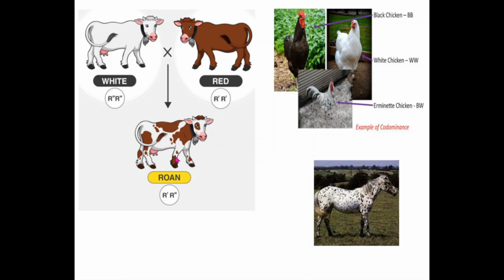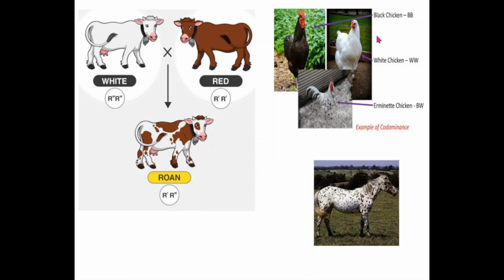Their offspring have capital R capital R for red, capital R capital W, and capital R small r. This cow is receiving capital R small r with capital R W. Then both will be expressed. Having this capital R small r, there will be a red pattern, and capital R W for whiteness.